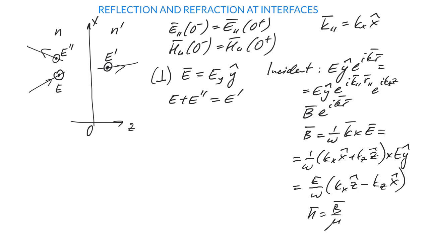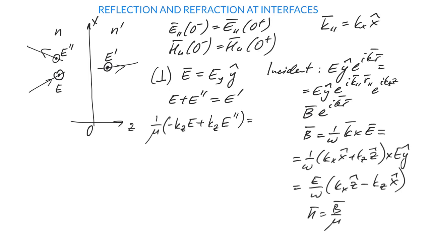So now we match the x components of the magnetic field on the two sides of the interface. On the left, we have 1 over mu, minus kz E. From the reflected beam, there's plus kz. kz now has opposite sign. Remember, the sign of kz for the incident and reflected, or for generally right-going and left-going in every region, has opposite sign for those two. So then kz E double prime.